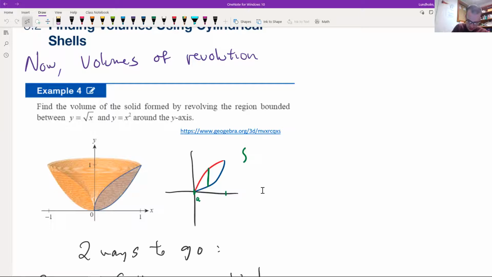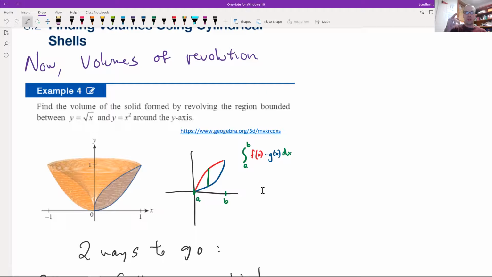Let's name this one A and this one B. It would be the integral from A to B, where we would be doing the top function minus the bottom function, in terms of dx. So that would be great.